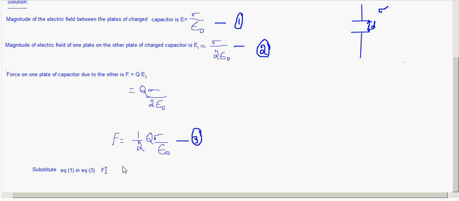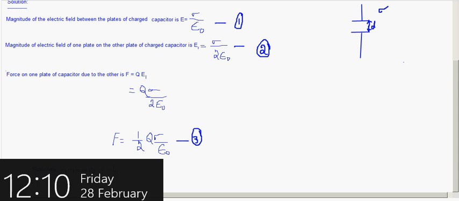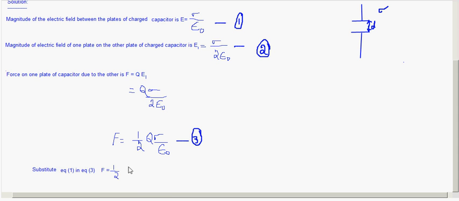F is equal to half into Q into E, which is the required equation.